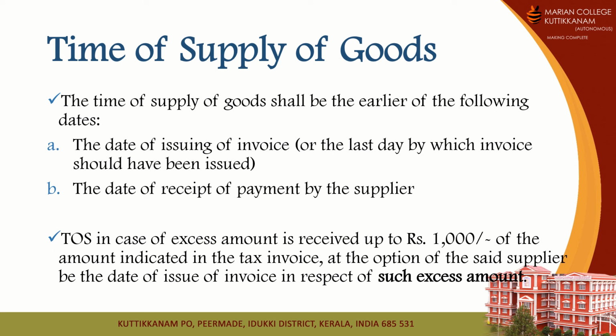The second case is the date of receipt of payment by the supplier. That means the date on which the supplier receives the payment for this particular supply. Whichever date comes first will be considered as the time of supply of goods in general cases.